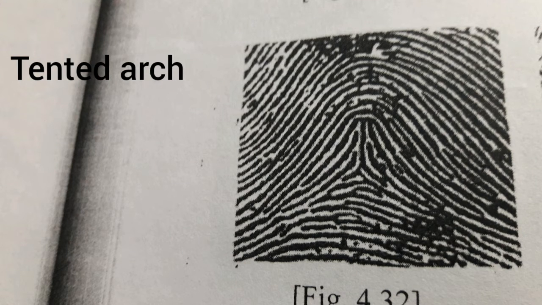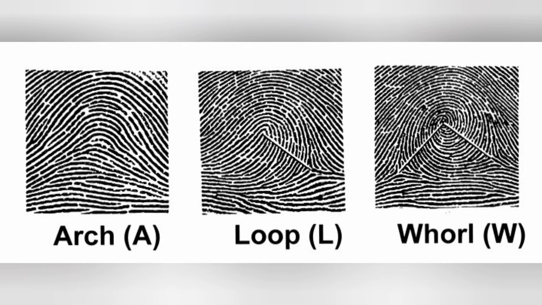There are so many types. Number one, there are arches. They can be a plain arch or a tented arch. A plain arch means the friction ridges come from one side, make a little hill-like structure, and then go outward from the other side.